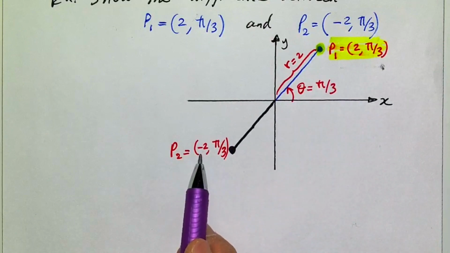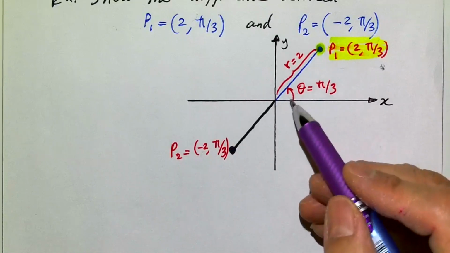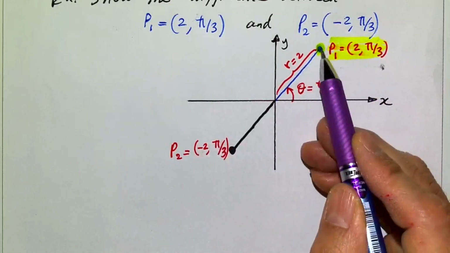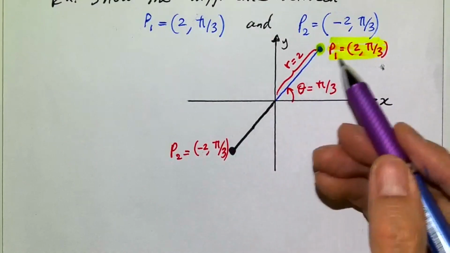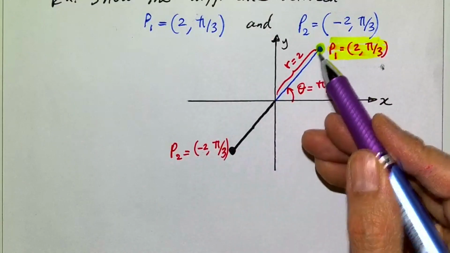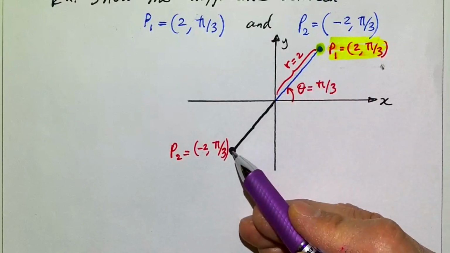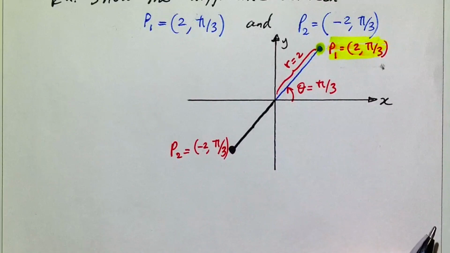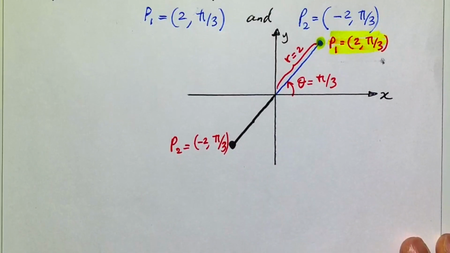Why? Because the r value is negative. So you would maybe start by saying, oh, okay, if this is positive, it would be in the first quadrant, but it's not. It should be in the opposite direction, in the opposite quadrant, so to speak. So it would be in this location. Okay, so that's a pretty important thing to remember with respect to the polar coordinates.